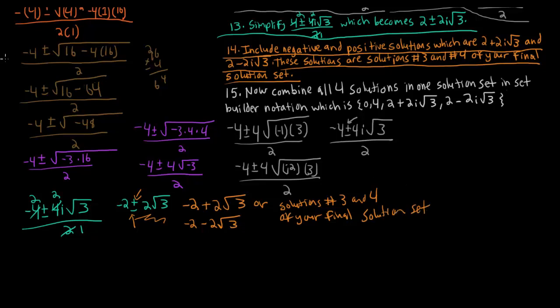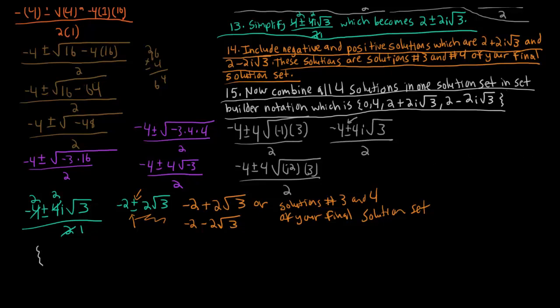And then for step 15, for the last step, you just want to combine all 4 of the solutions into one solution set in set builder notation, all inside curly brackets. So we're using set builder notation, and we want to use all 4 solutions.